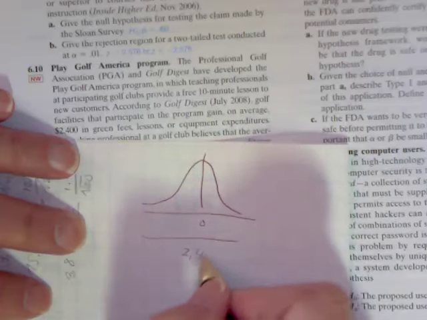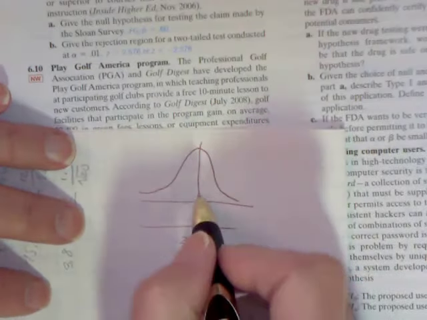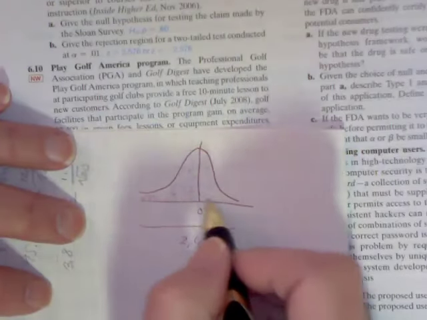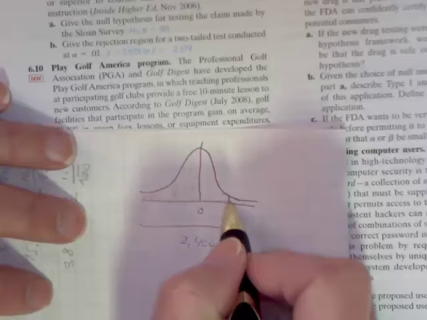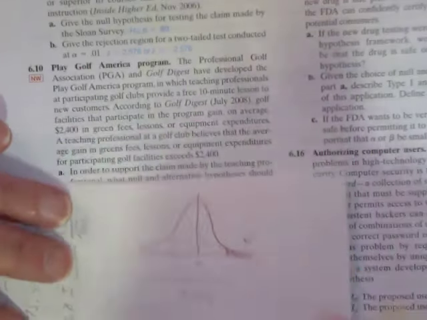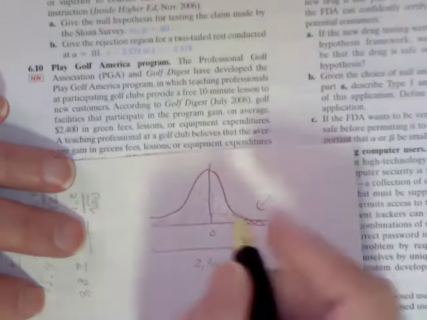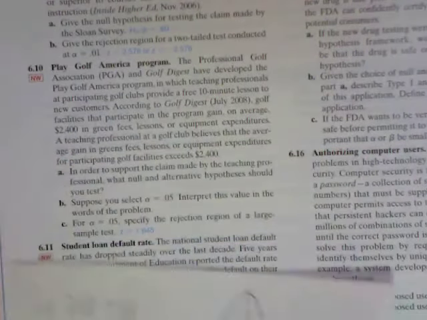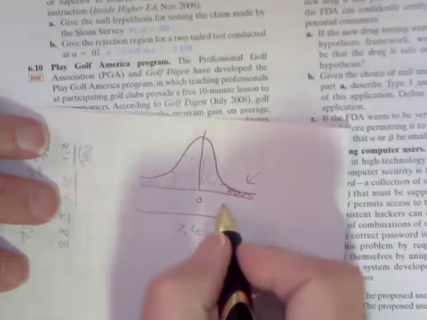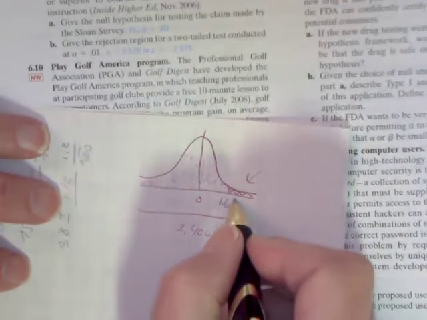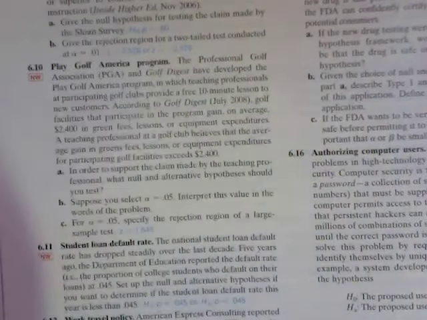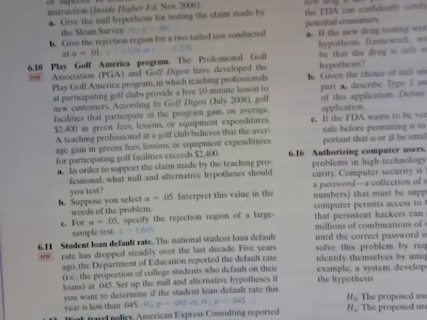That's $2,400. That's the null, and so it could be less. To prove that it's more, we have to take a sample and it has to fall out in this region there, at whatever confidence level we're interested in. So if it's 5%, this would be 1.645. So always draw a picture. That's how these things work.